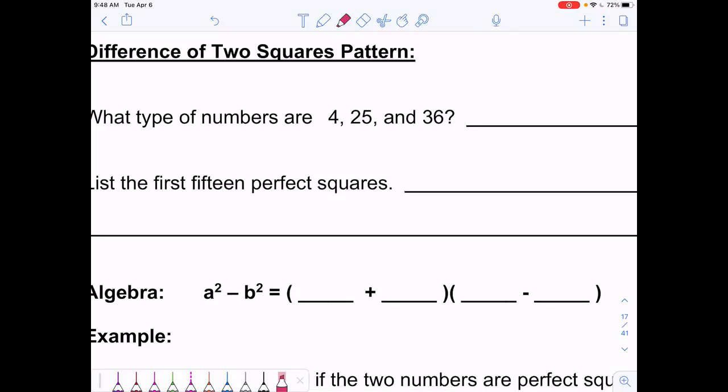Does anybody know why they're special? Why are 4, or 25, or 36 special, Michael? Why do you think they're special? What times what makes 4? And what times what makes 25?